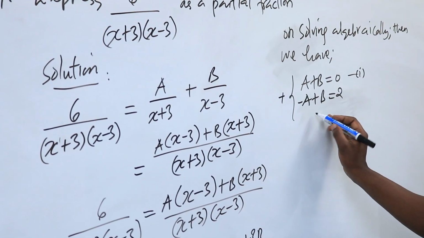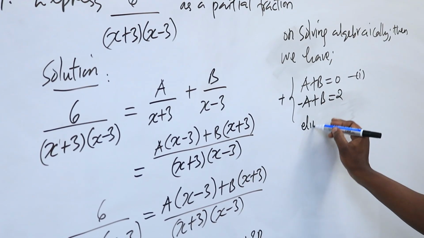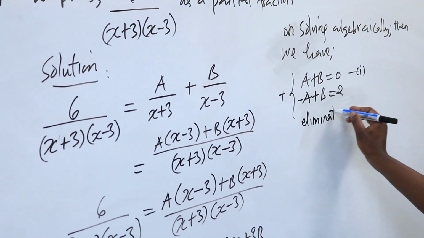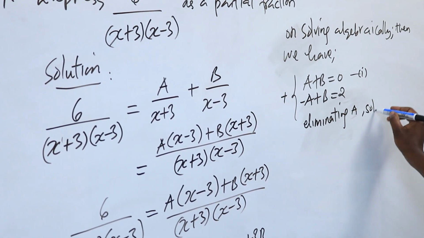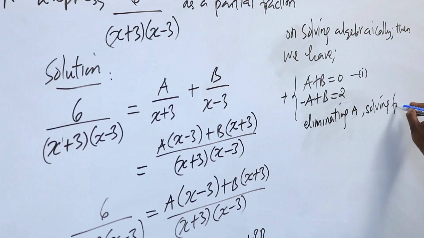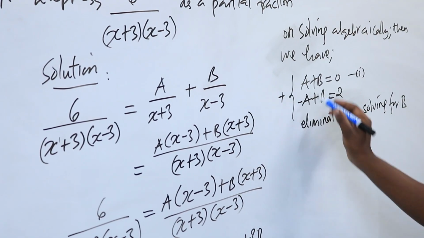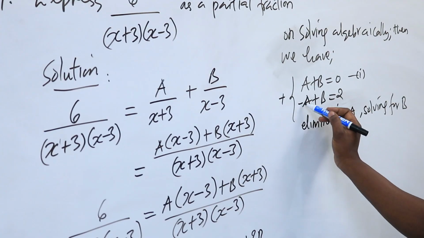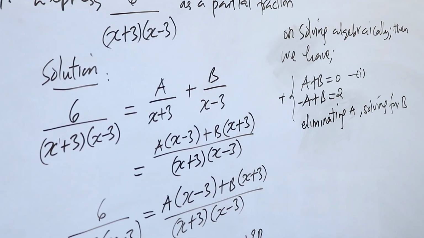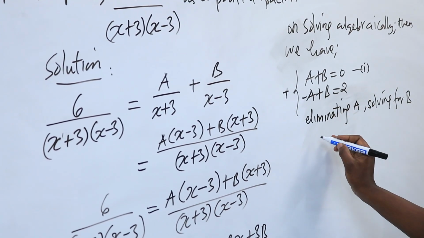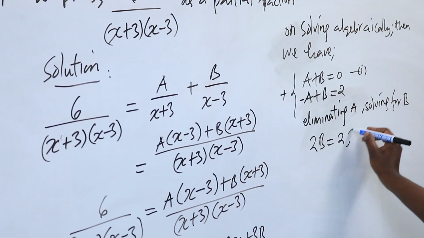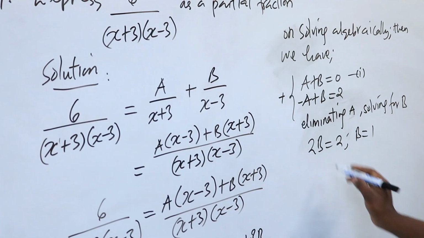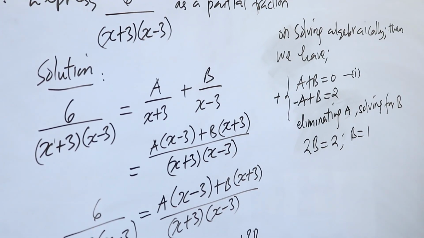So a plus negative a is 0, but b plus b we get 2b, equals 0 plus 2, we get 2. So the value of b becomes 1 when we divide by 2 both sides.